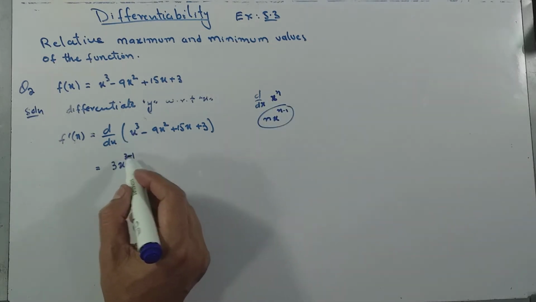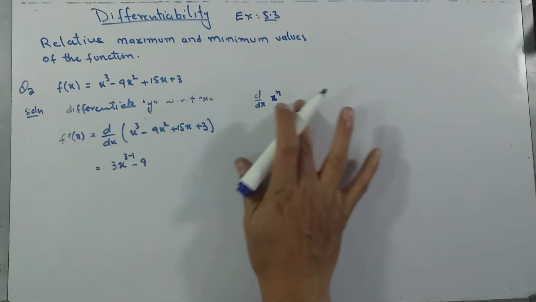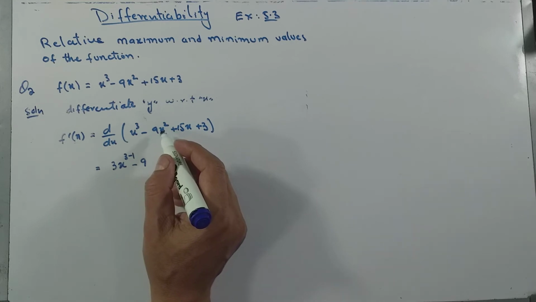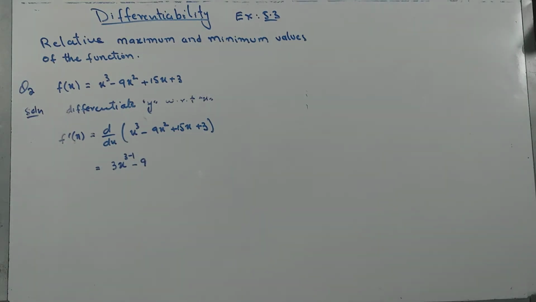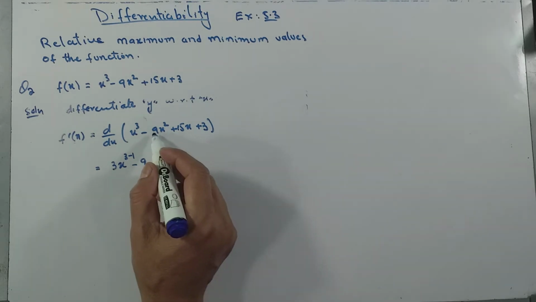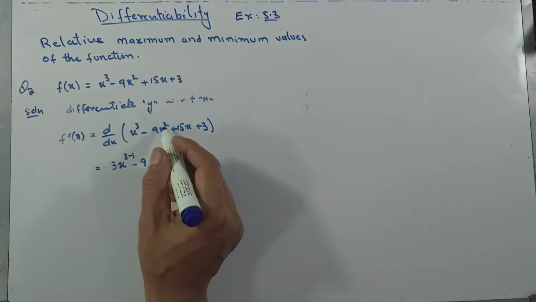So 3x to the power 3 minus 1, minus 9. Coefficient, we will carry the coefficient, because 9 is the coefficient of x square and there is no derivative of the coefficient of x square or of the variable. Therefore 9 will be carried on, and we will apply the power rule on x square.